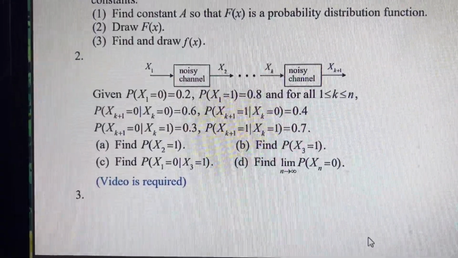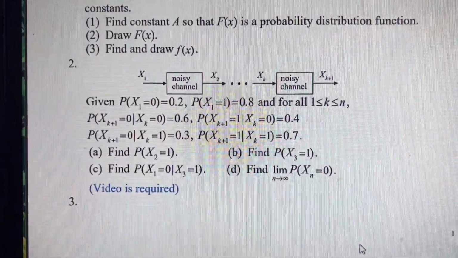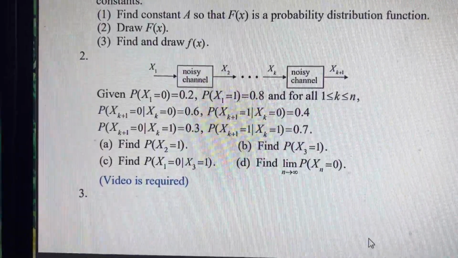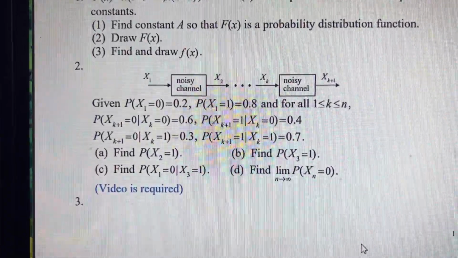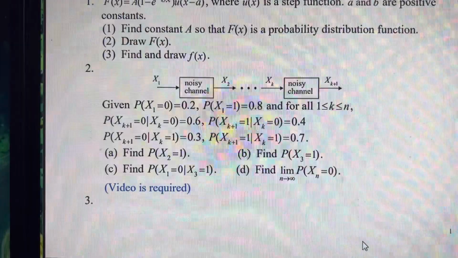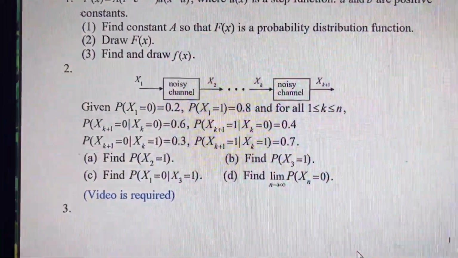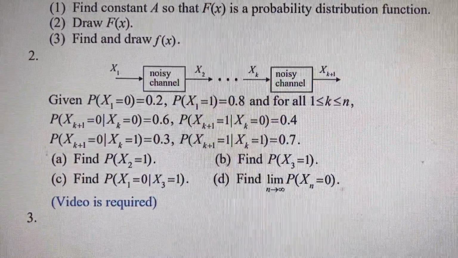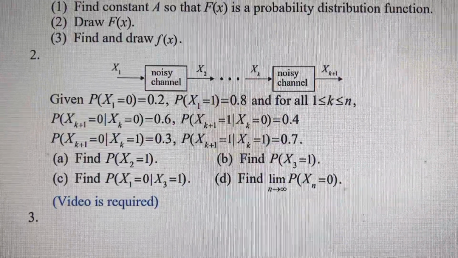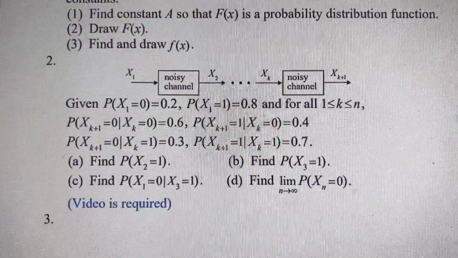Given x1, the probability when x1 equals 0 is 0.2, and x1 equals 1 is 0.8, and this holds for all k with 1 less than k and less than n.